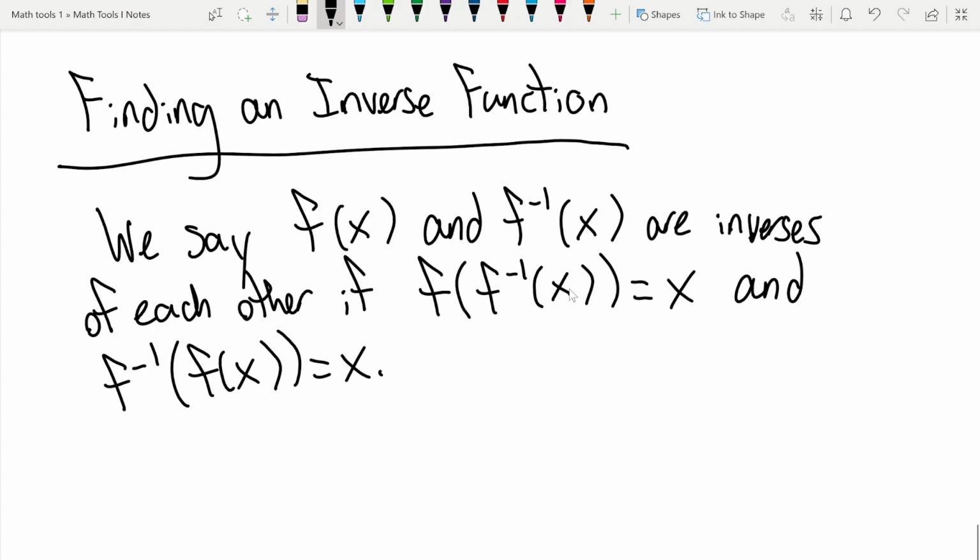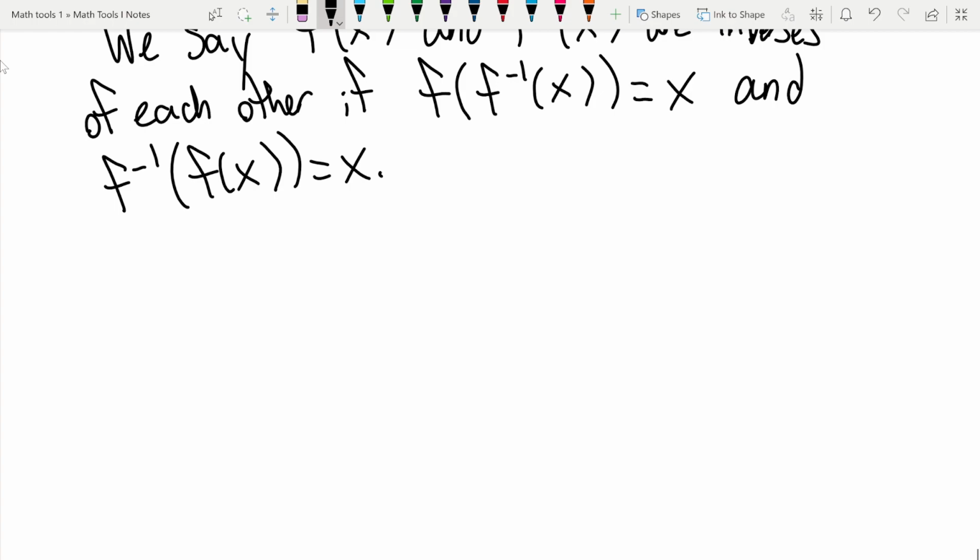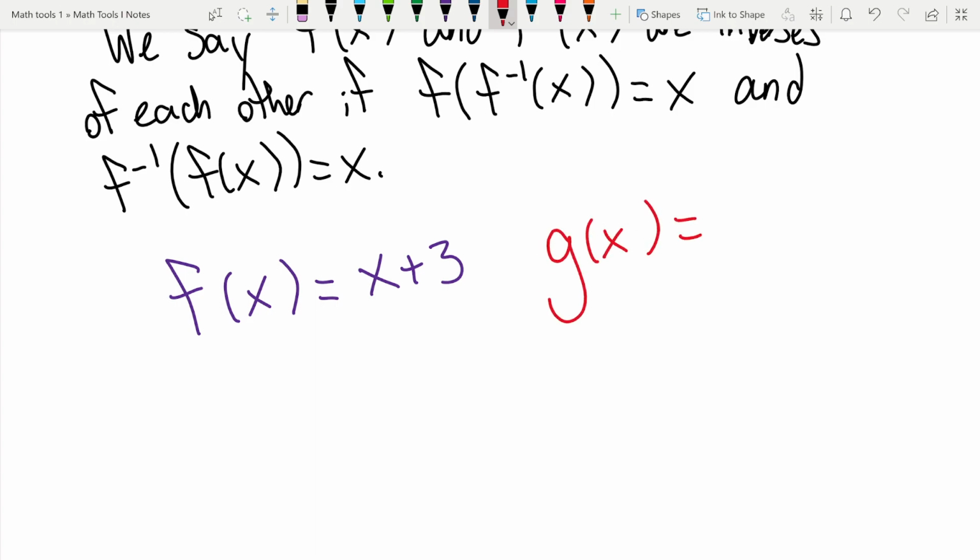So let's do just a couple of examples first to get started. Let's say we have f of x equals x plus 3 and g of x equals x minus 3. Okay, we're not going to call it f inverse of x right off the bat, implying that it's an inverse function if we don't know that they're inverses, right? So maybe we'll call it g, like we did here.